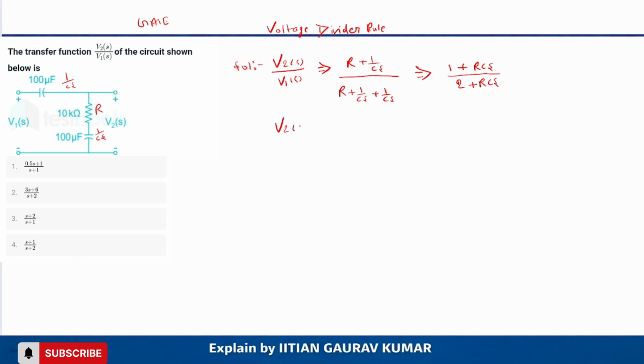So the values are given in the question for V1 of S. 1 plus R, whose value is 10 kilo ohm, so 10 into 10 to the power 3.